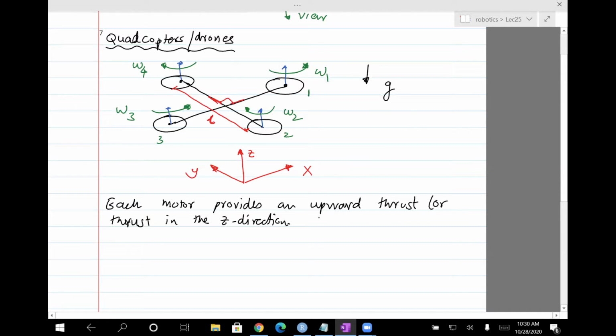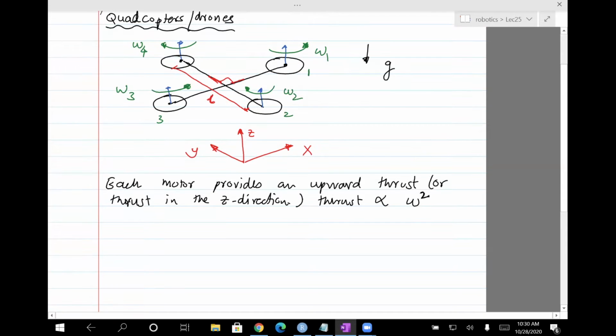And this thrust is actually proportional to omega squared in this particular configuration. So there is a coefficient for thrust, times omega squared. So this is the thrust.